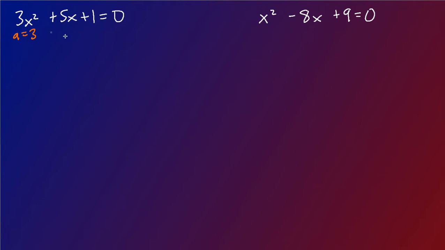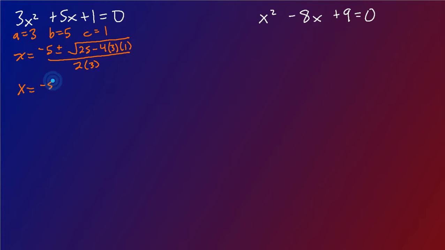So the next example I will do by the quadratic formula, but I will use the calculator to get an estimate. So in this one, A is 3, so notice this time it's not 1, B is 5, and C is 1. So we get x equals negative b, so I switch that sign, plus or minus the square root of b squared, so I square that, minus 4 times a times c, all over 2a, so 2 times 3.